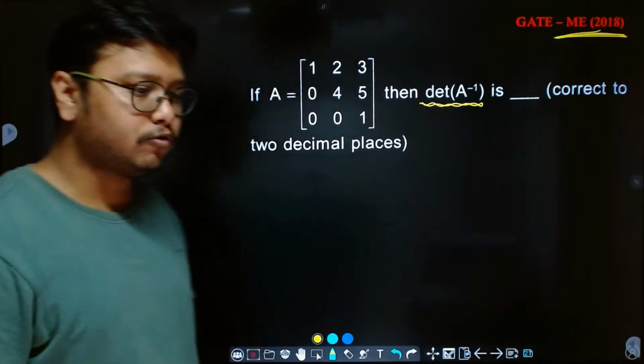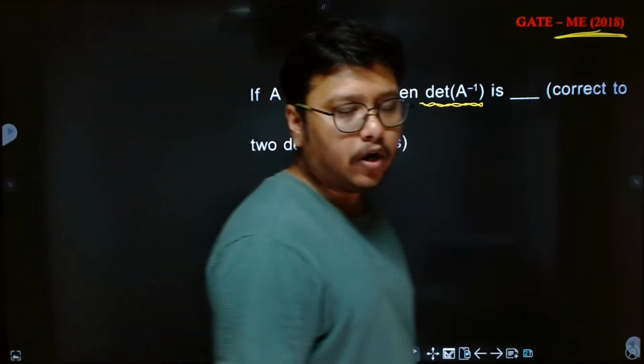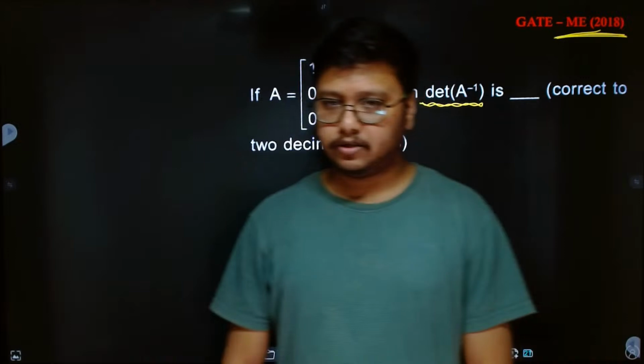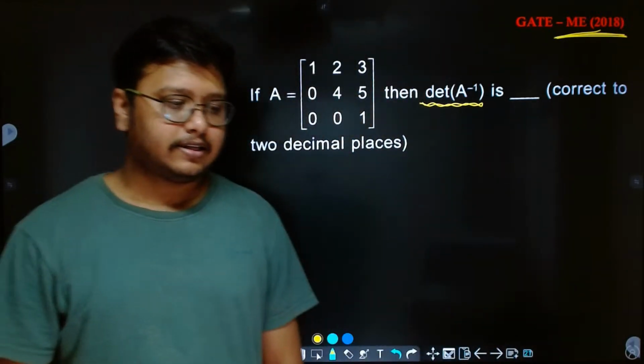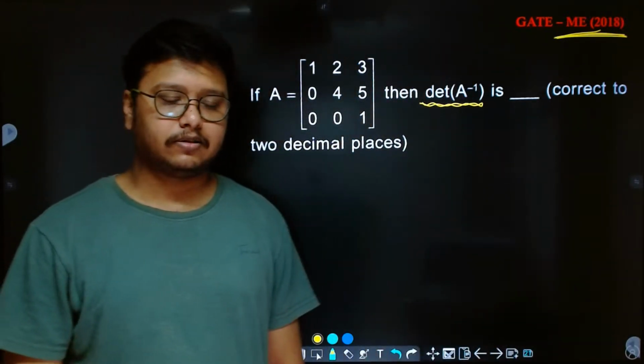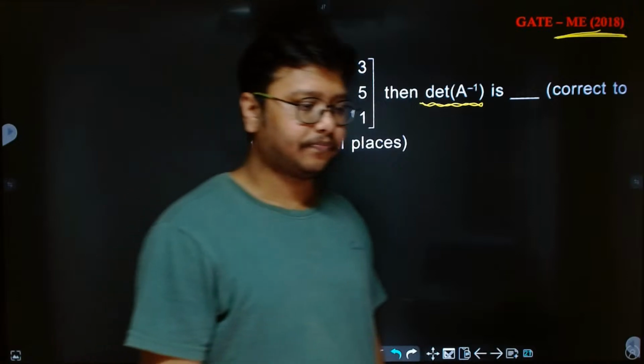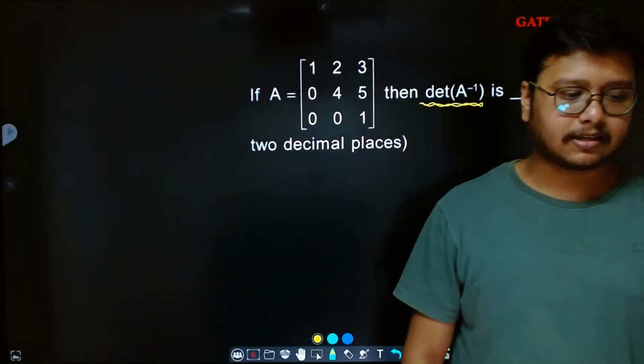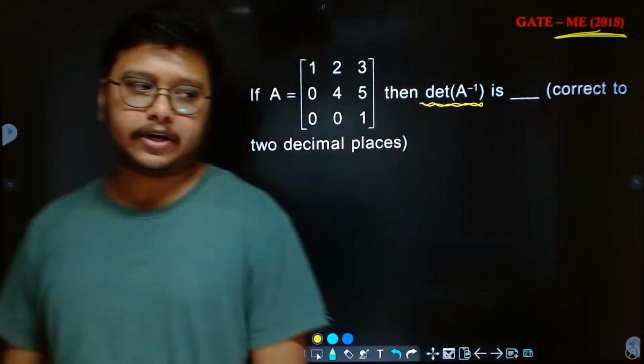Yes, 0.25 is correct. I want to know what is the property you are using. Tell me what is the property you are using. 0.25 is the correct answer. Just tell me the property you are using.